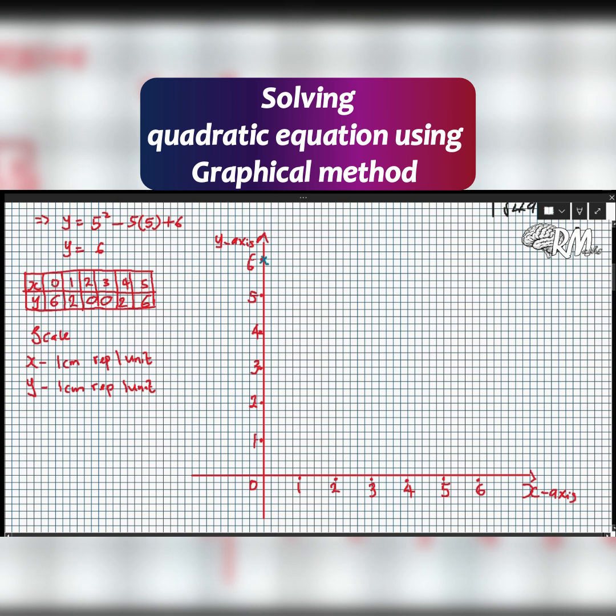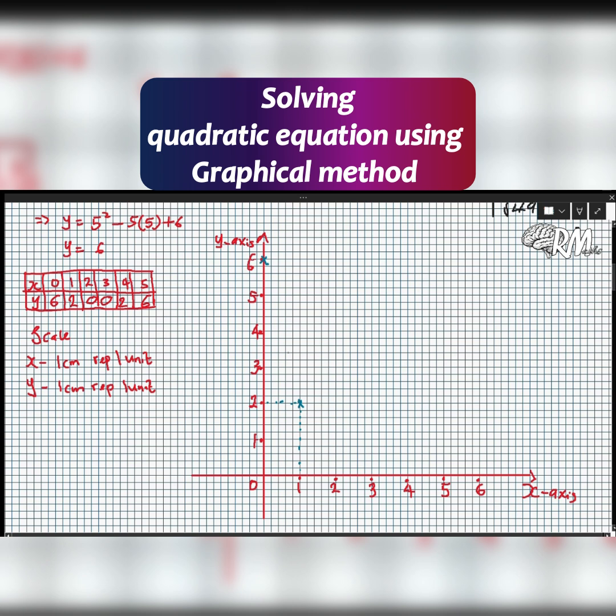Then I'll go to the second point. We have when x is 1, y is 2. So this is my x being 1 and my y is 2. At this side here I have to trace where the both of them join. The reason why the dot is here is because this is where the both of them meet.